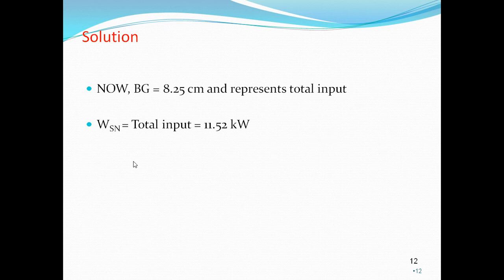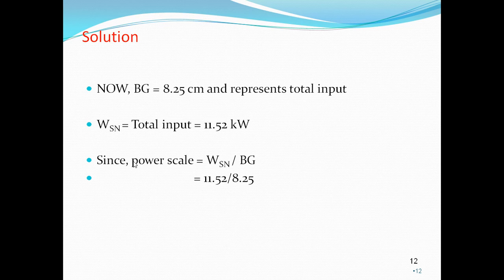So which represents the input. But what input has he given for us? He has given the input as 11.52 kilowatts. So to calculate the power scale, the power scale is equal to WSN divided by BG.